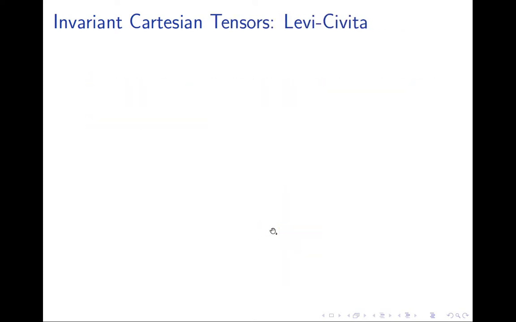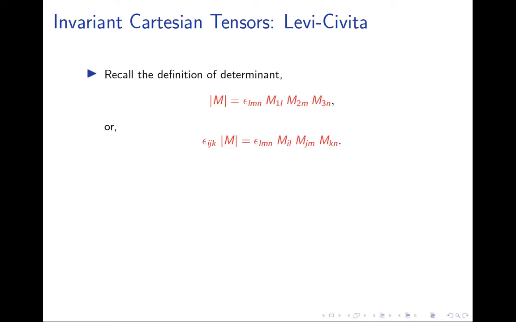Okay. The second prominent example of an invariant Cartesian tensor is the Levi-Civita tensor. To see why that is so, we have to learn a little bit about the determinant. Most of you are familiar with the determinant of a matrix M. So M here is a 3 by 3 matrix, and this absolute value kind of sign means the determinant.